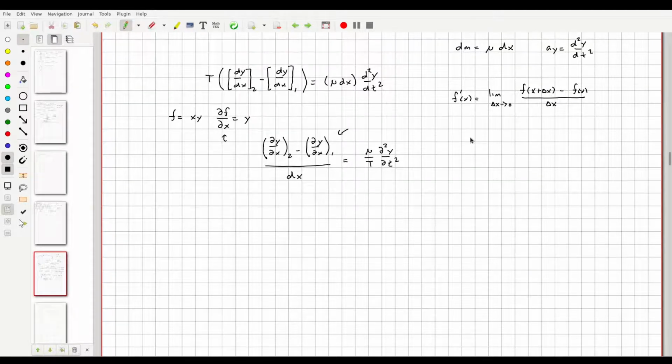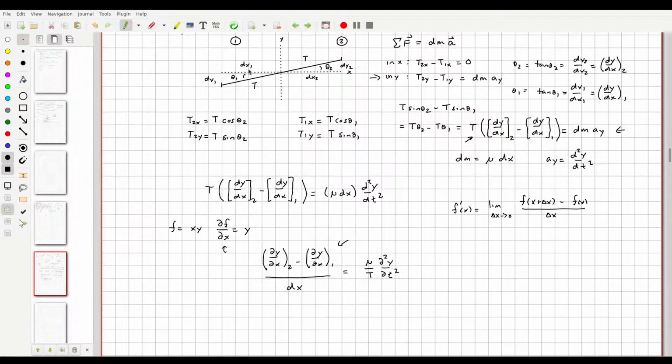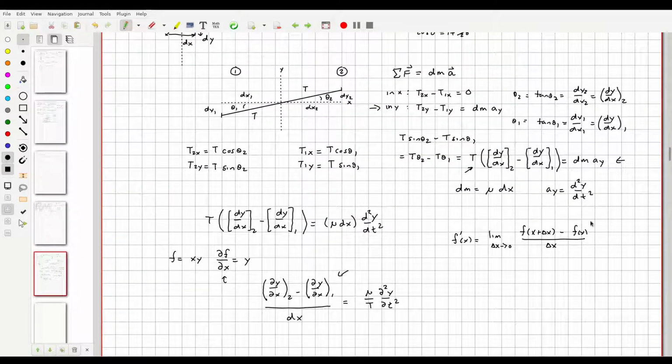Now, looking at my picture, this right here is the same thing as this on the left-hand side. This right here is the same thing as this on the right-hand side. What I've done is to let the delta x go to 0, and it becomes a dx.